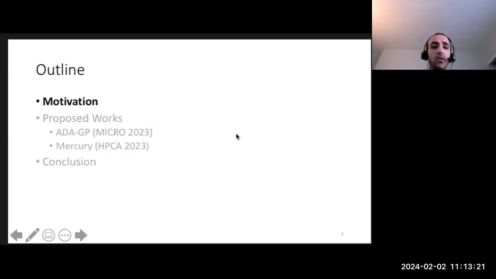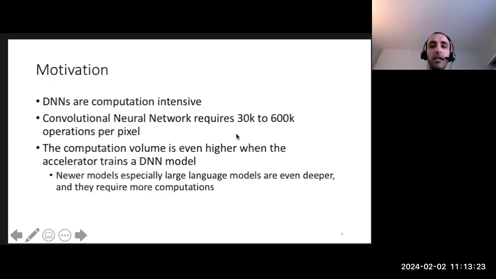So, some motivation. DNNs are computation intensive, and a single input pixel needs 30K to 600K and even more operations in a CNN network. This computation value is even higher when we train a CNN model. Recent deep learning and large language models are also even deeper and have more layers, so they need even more computation.